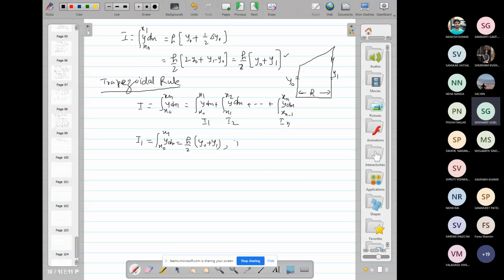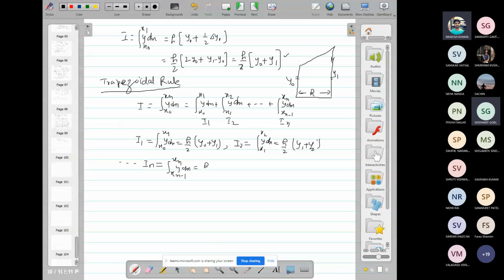Similarly, I2 is the integral from x1 to x2 of y dx, which is h by 2 (y1 plus y2), and similarly In is the integral from xn minus 1 to xn of y dx.